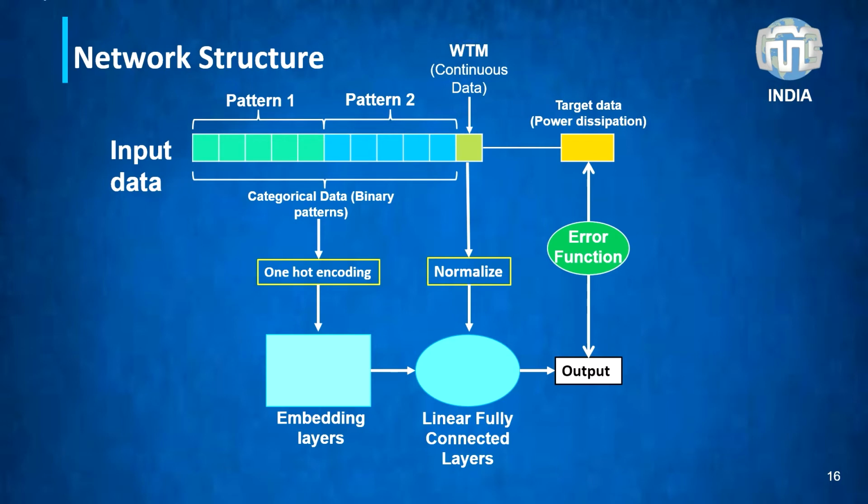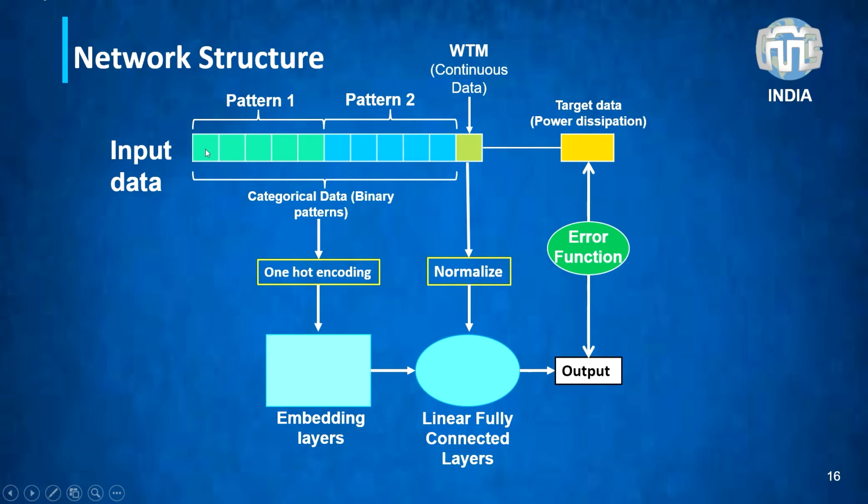So our network structure looks like this. So generally we have a pair of test patterns like this, and for this particular pair of test patterns we will have a WTM value. Note that the pattern values are categorical in nature, so it is basically binary patterns. So either it will be 0 or 1.